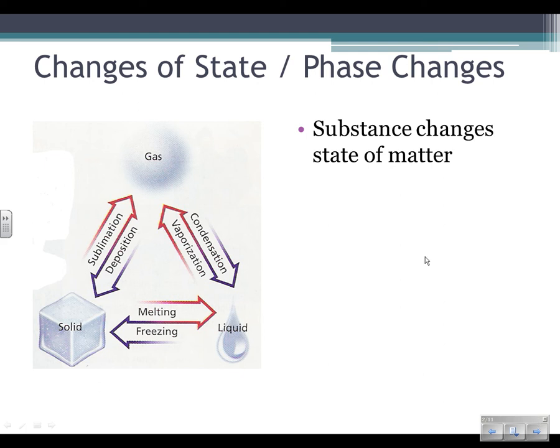But more importantly, changes of state are reversible physical changes. Earlier this unit, we talked about chemical versus physical change. If something is a physical change, what does that tell us?